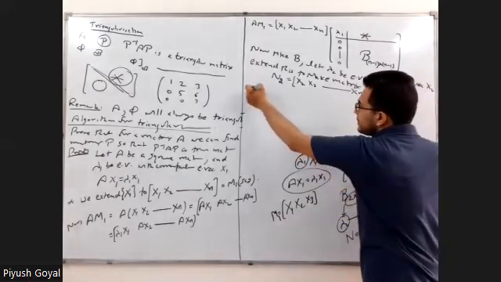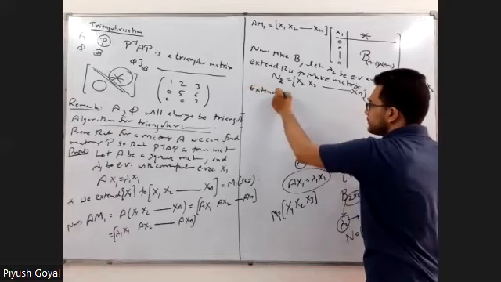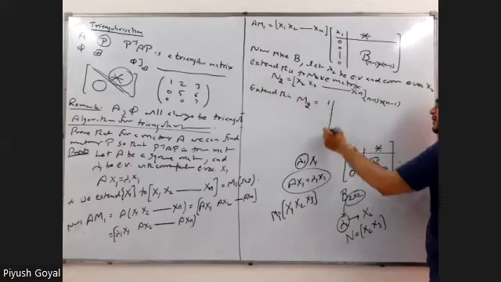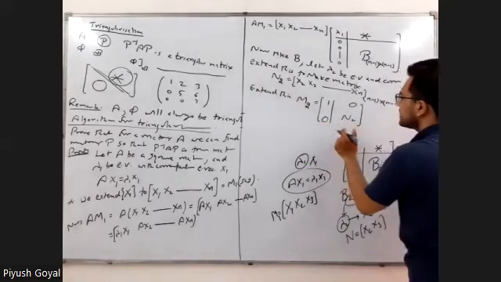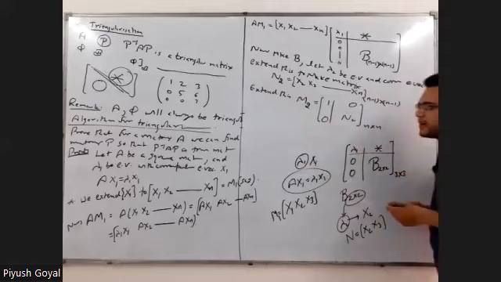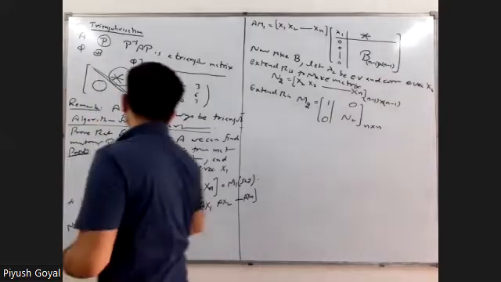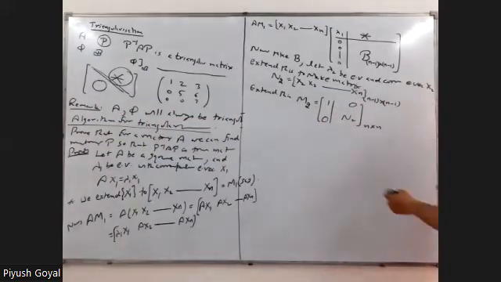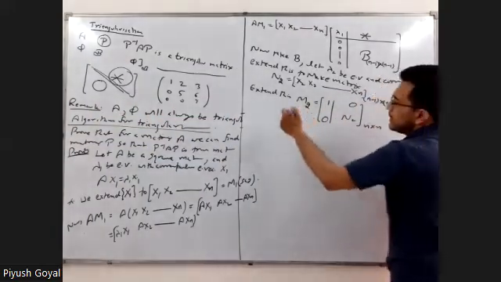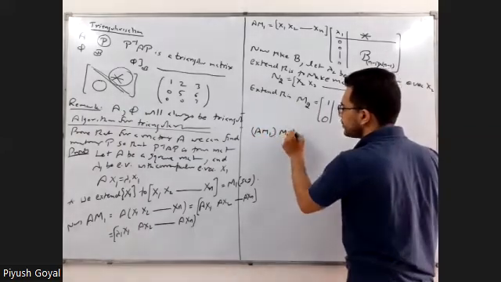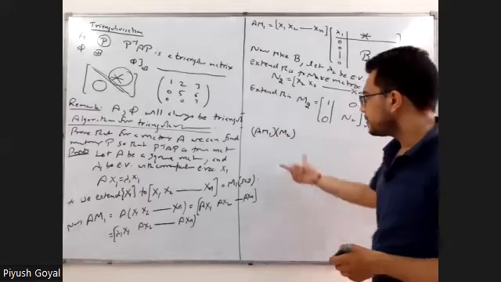Now you extend this to M2. M2 is equal to 1, then 0, then 0, then N2. This is an n cross n matrix. So you multiply A M1 with M2.